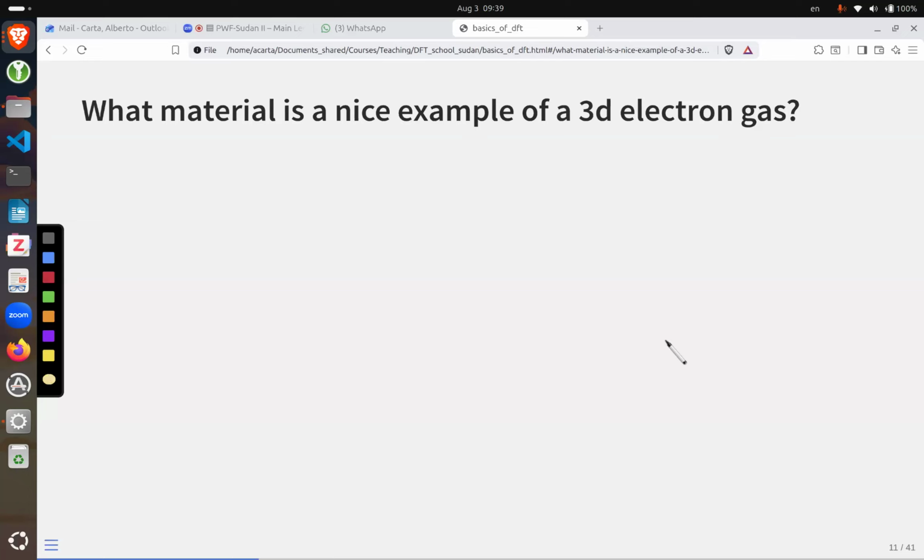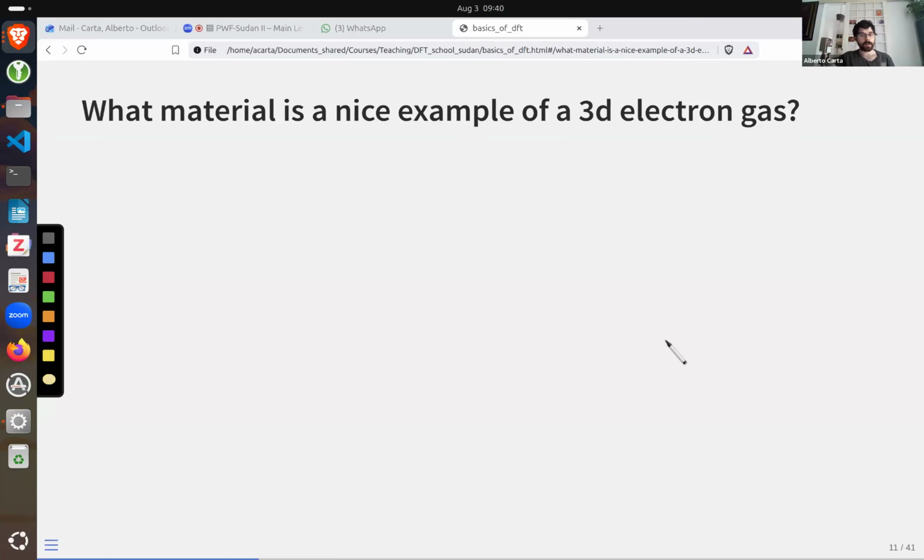I guess it is S. S. Okay. So if it is the S shell and sodium is a good example, as you said, what other good examples do you think there are? Do you think materials that are similar to sodium will be a good example? For instance, potassium and lithium. Yeah, exactly. Very good. Perfect.